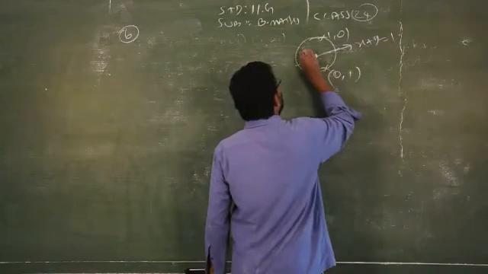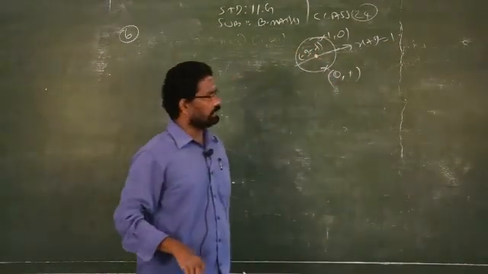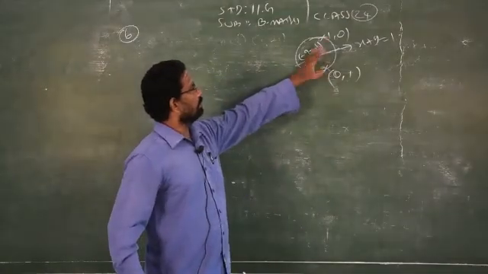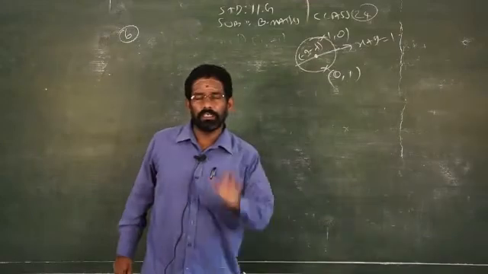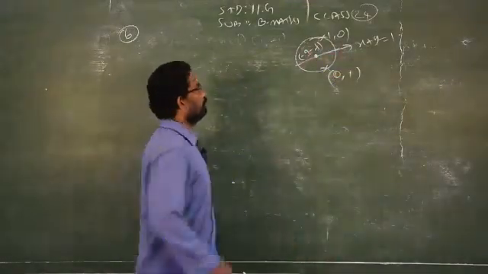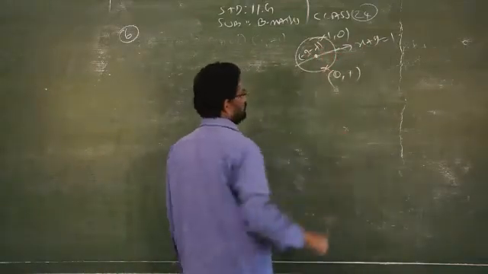What is the center of the circle? Minus g, minus f. Just now I said any point that lies on the straight line or the curve should satisfy it. It is given already that the center is on the line. Therefore, you have to replace x by minus g and y by minus f.